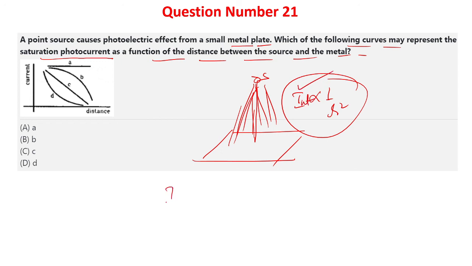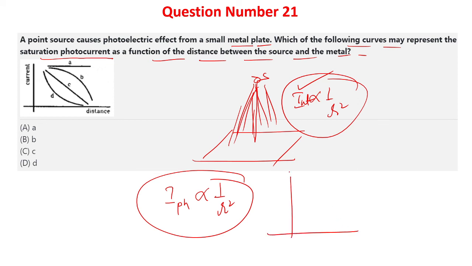So photoelectric current is also inversely proportional to r squared. If this type of dependence is there, inverse proportion, the graph looks like this. So the correct option is D.